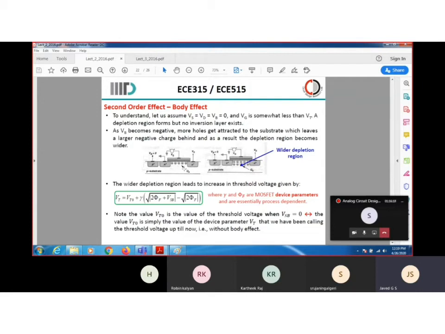Gamma is called the body effect coefficient, and it is given as square root of 2q, where q is the charge, multiplied by the epsilon of the silicon and the doping concentration over the oxide thickness. Typically, the value of gamma lies between 0.3 and 0.4 per square root volt. Okay, so that is the body effect coefficient.